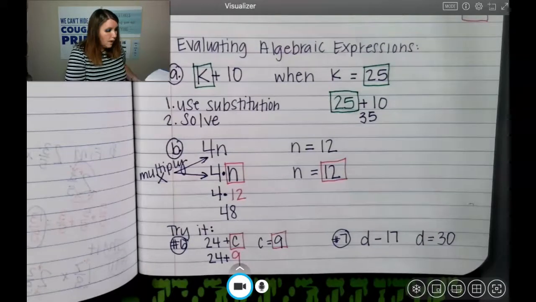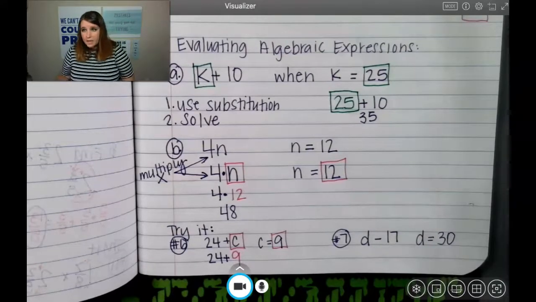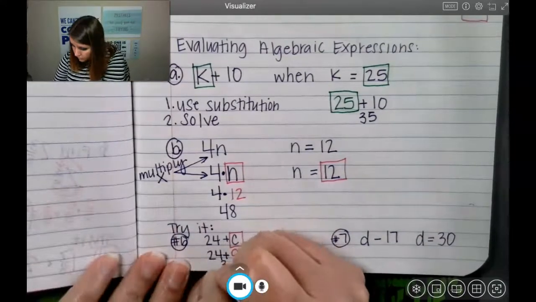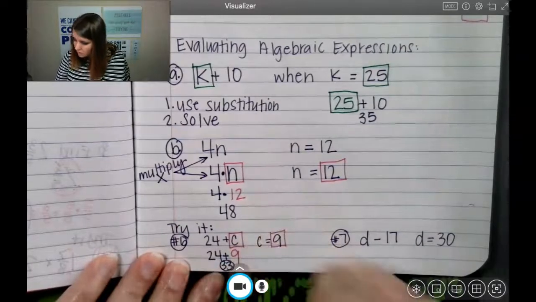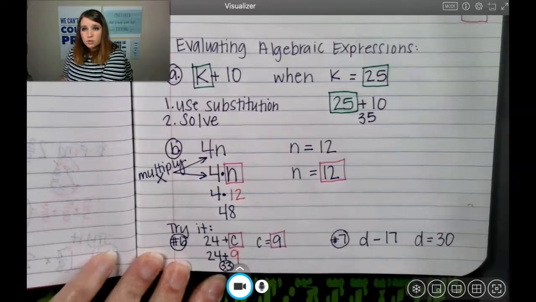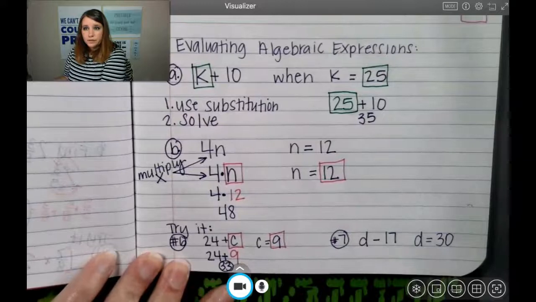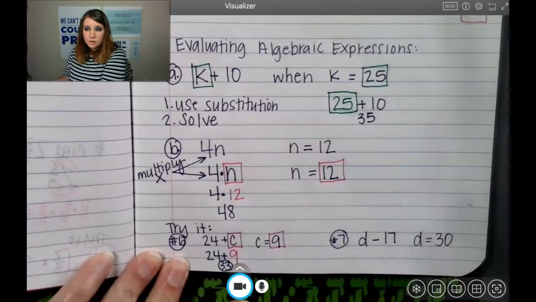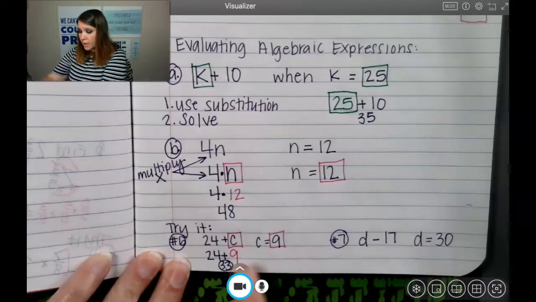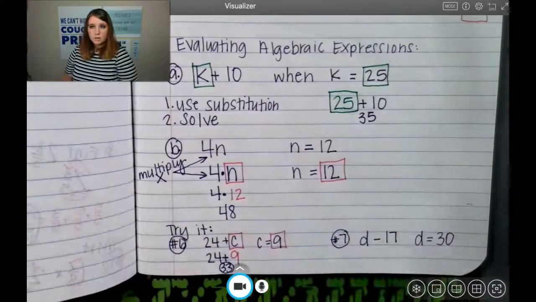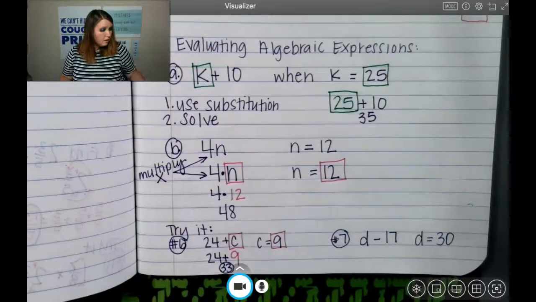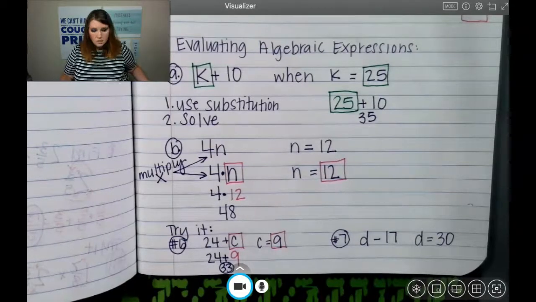I just need to add those, and that gives me 33. How did you do? Check your work. If you made a mistake, go back, figure out what you did wrong, make a question mark so that you can ask that question in our Google Meet.